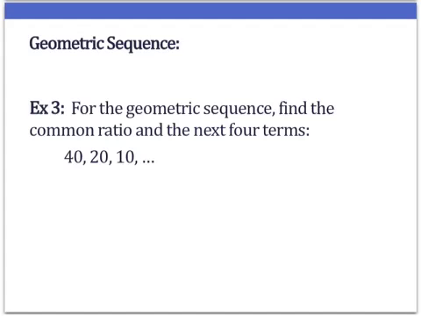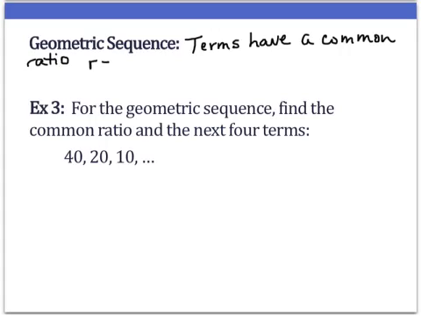A geometric sequence is a different type of sequence. In a geometric sequence, the terms have a common ratio. Ratio is a word that we use involving fractions. And we have r equal to T2 divided by T1.